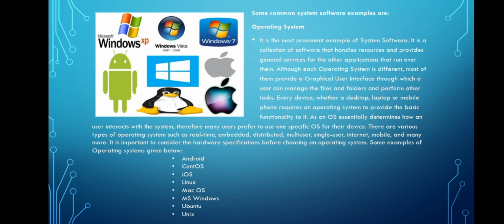Therefore, many users prefer to use a specific OS for their device. There are various types of operating systems such as real-time, embedded, distributed, multi-user, single-user, internet, mobile, and many more. It is important to consider the hardware specification before choosing an operating system.